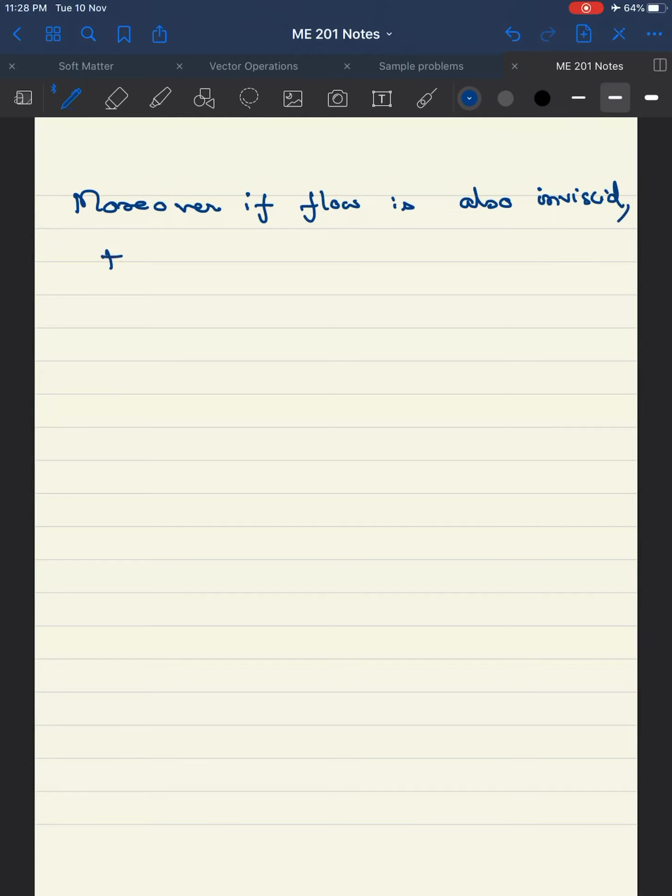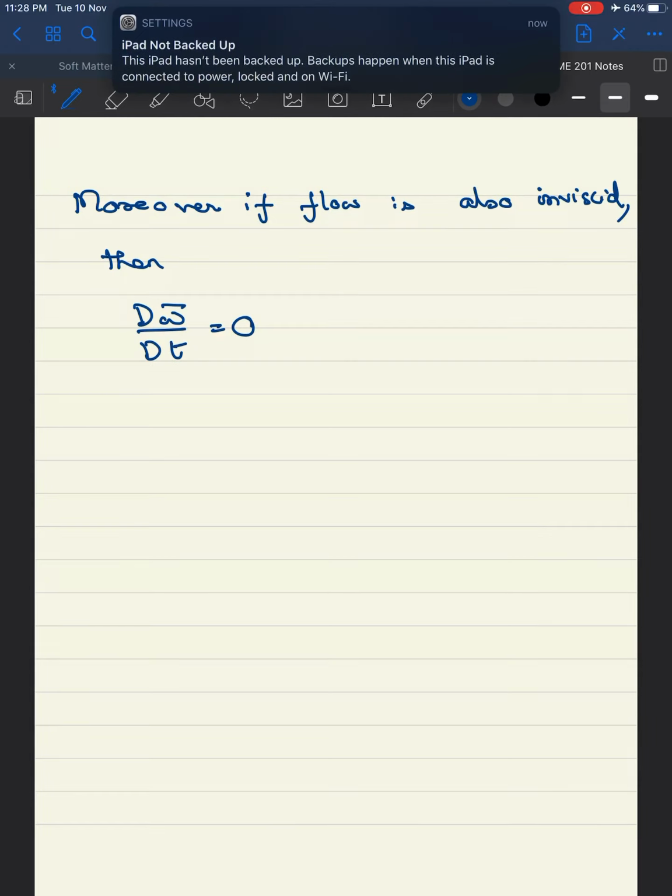Moreover, if the 2D flow is also inviscid, then this term is equal to 0, which means what?